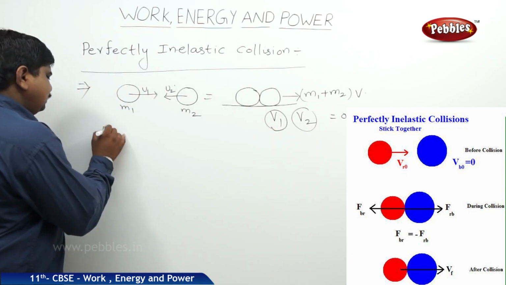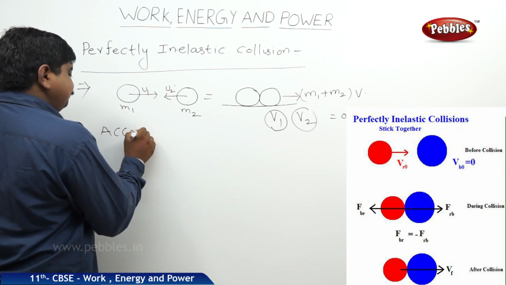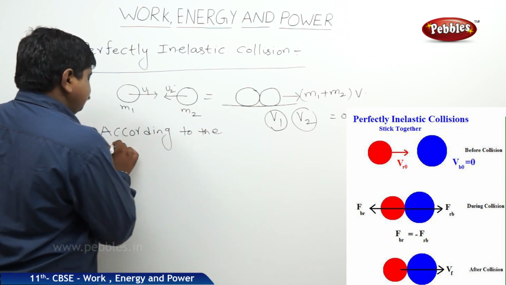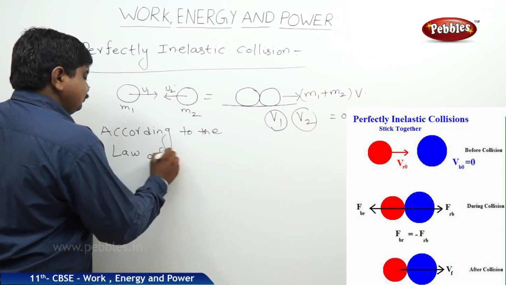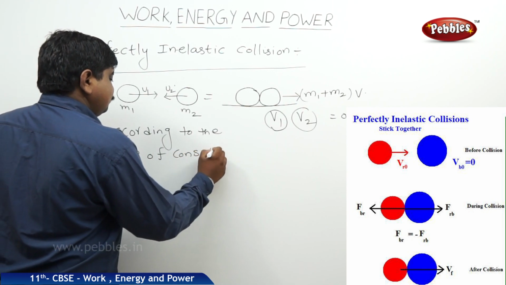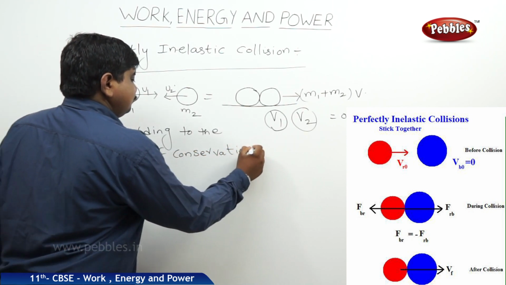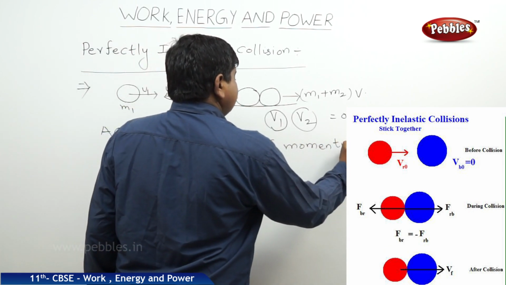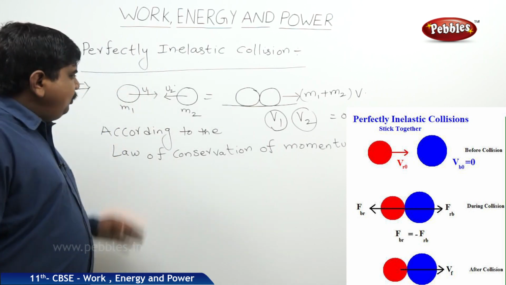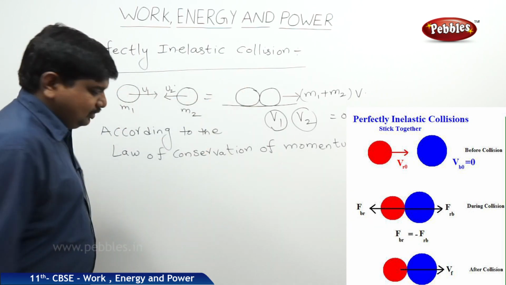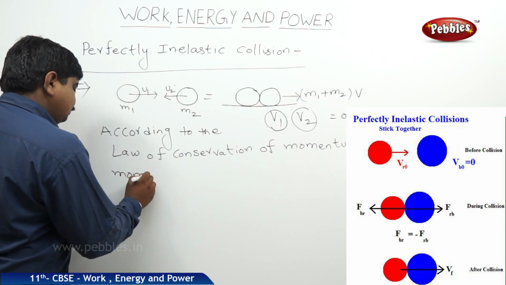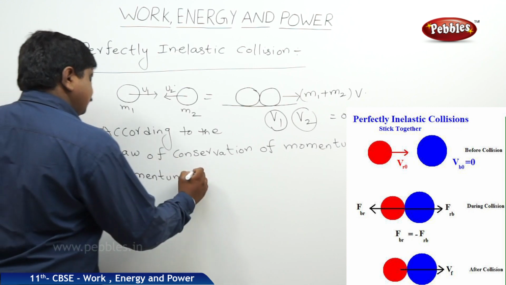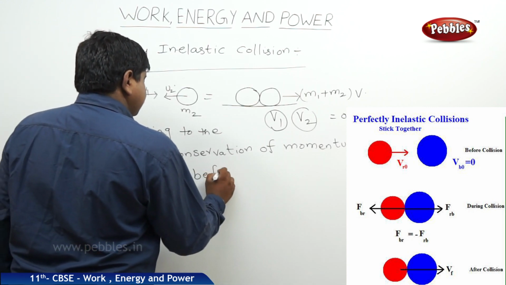So according to the law of conservation of momentum, the momentum before collision is equal to the momentum after the collision. Or we can say net momentum before collision is equal to net momentum after collision.